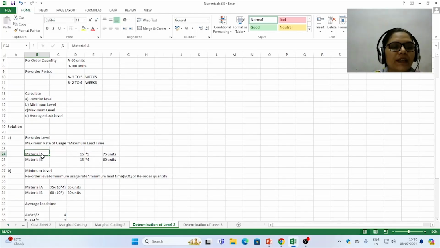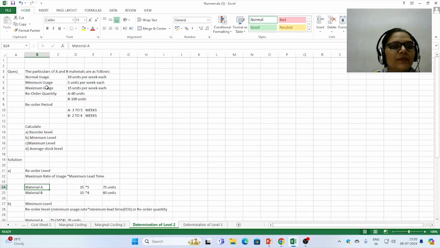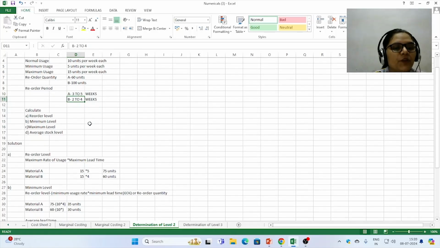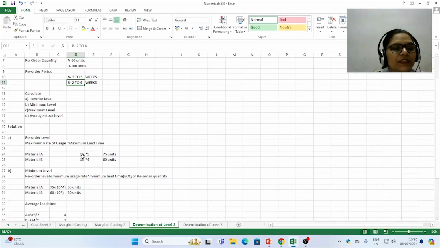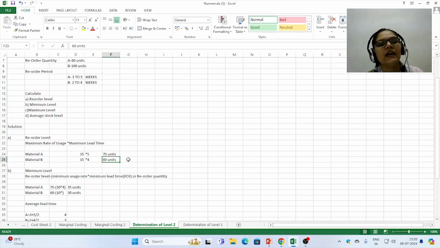For material A, we will be taking maximum usage 15 units, and for material B also we will be taking maximum usage as 15 units. Maximum lead time for A is 5 weeks and maximum lead time for B is 4 weeks. We will multiply these figures and we will be getting reorder level at 75 units for material A and 60 units for material B. Next is minimum level.